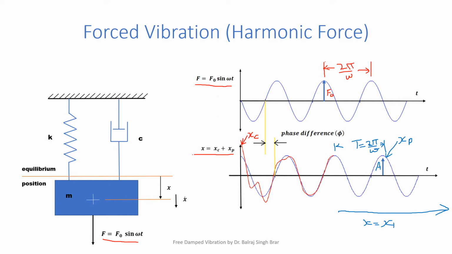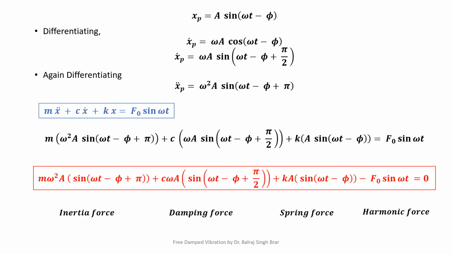In the coming slides we will discuss only this solution xp, which has an amplitude A and lags behind the external excitation by a phase difference phi, and its frequency of vibration will be omega as we have discussed. Take the particular solution xp equal to A sine omega t minus phi.